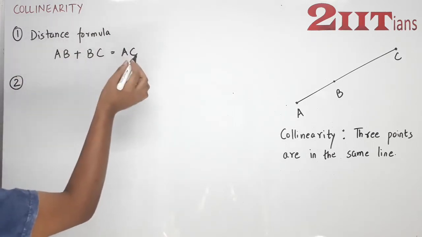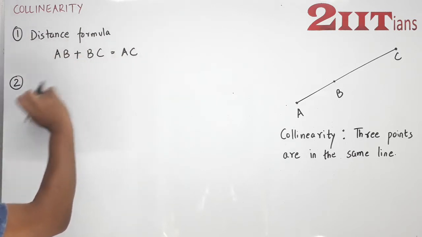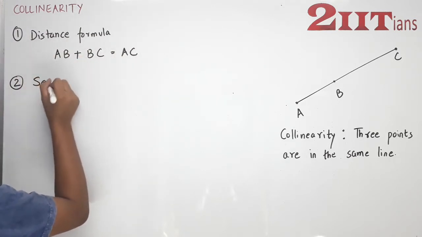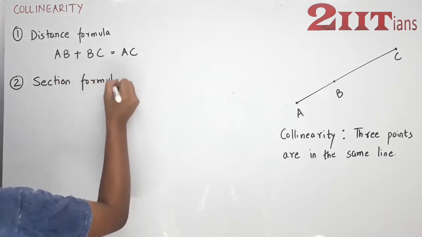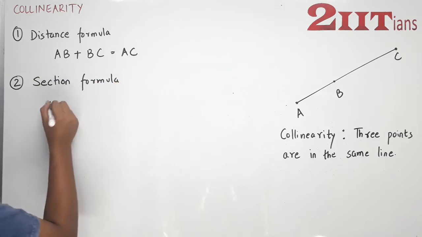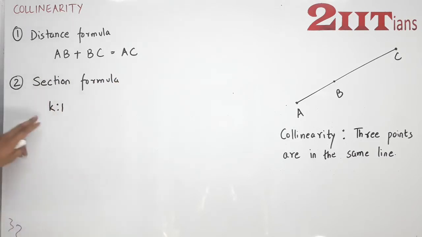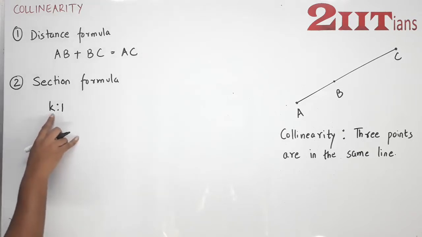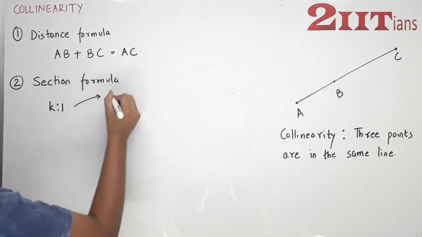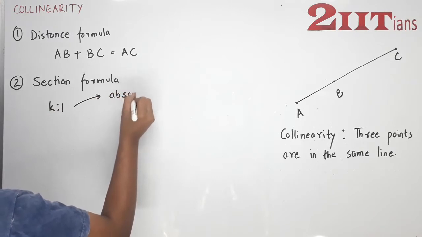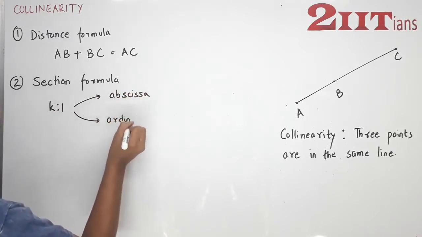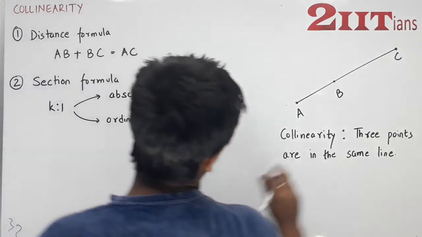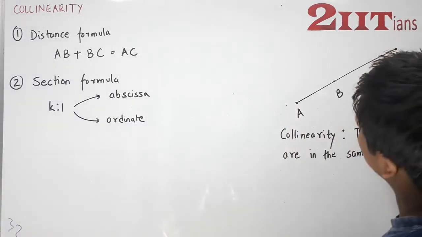Okay. Distance formula is the first method. Second method will be section formula. Here we will try to use some ratio k:1. We will assume a ratio on our own and then we will prove that the k:1 ratio holds both for abscissa and ordinate of the point B, whichever lies in between.